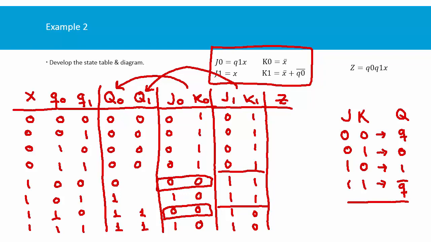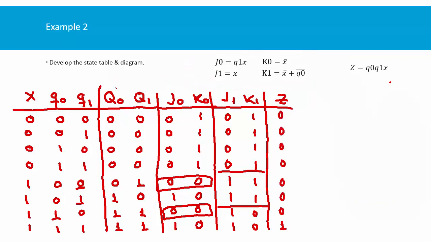So here Q1 is 0, so it's going to invert to 1. Here Q1 is 1, so it's going to invert to 0. And that's how we get the behavior of our system. Finally, we get to zeta, and zeta is Q0, Q1, X. So here's the only way where zeta is going to be on.